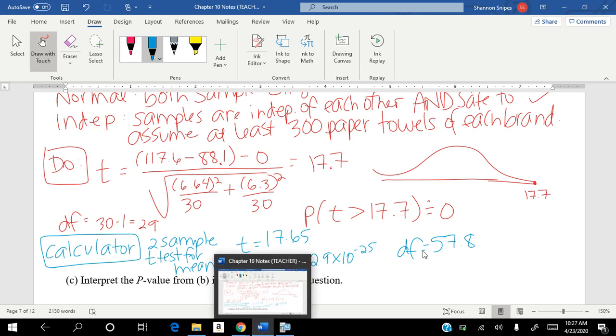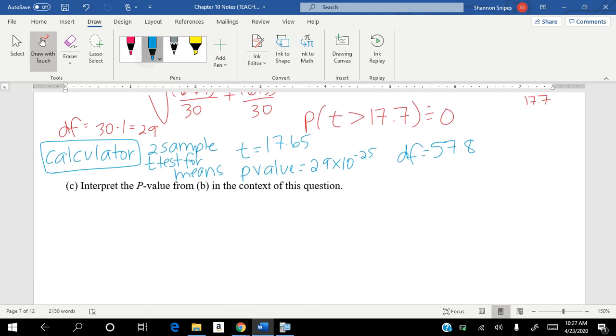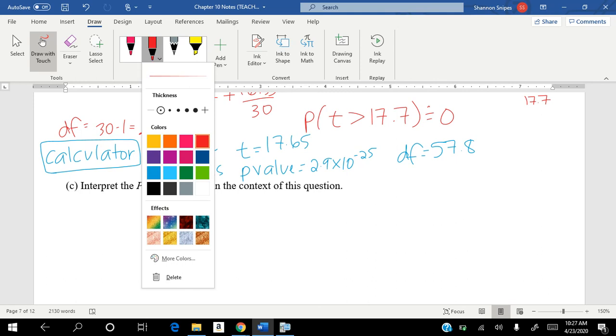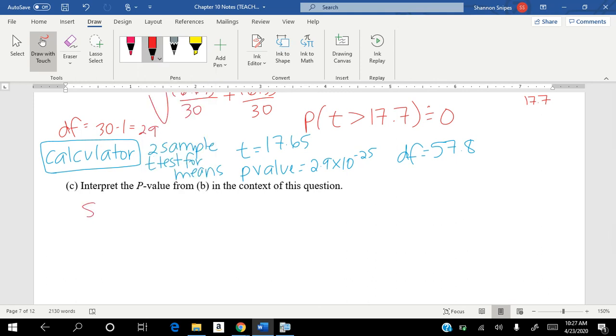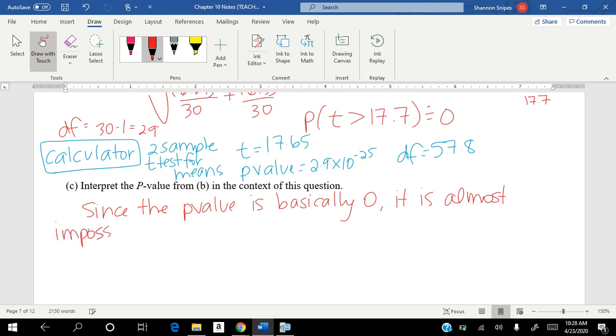All right, so let's interpret this p-value in context. Since the p-value is basically 0, it is almost impossible. Hopefully, if you know anything from this class, nothing is really impossible, but this is as close to impossible as we can statistically get.